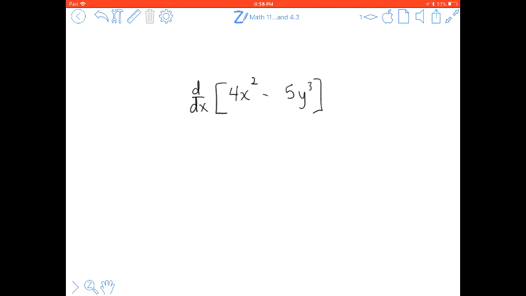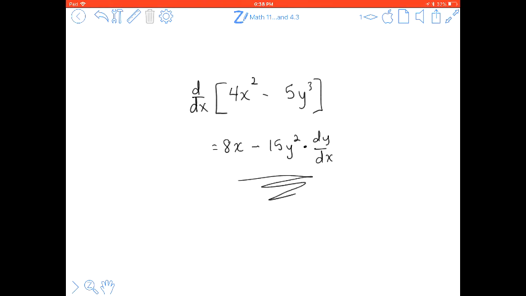The derivative of 4x squared is 8x. Now, the derivative of 5y cubed is 15y squared, but this is implicit differentiation, which is really just an application of the chain rule. Y represents an inside function of x, so this right here would be the derivative of the outside part. Now we need to multiply this by the derivative of the inside part, which is dy dx.